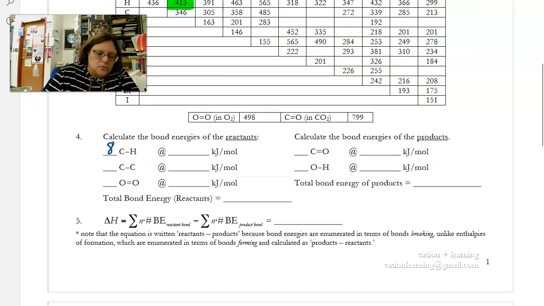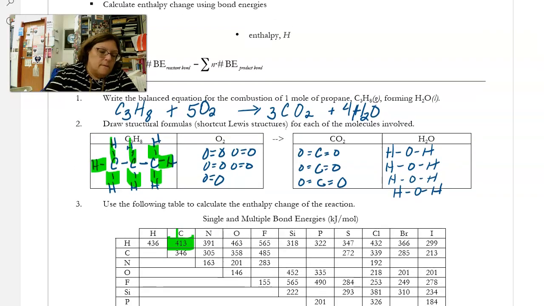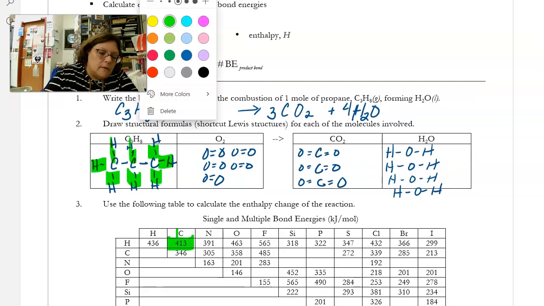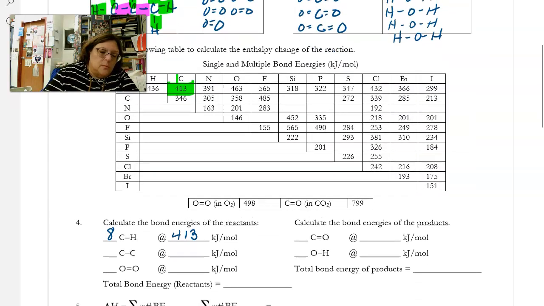Each carbon-hydrogen bond requires 413 kilojoules. Remember, that's an average. 413 kilojoules of energy per 1 mole to break. All right. Carbon-carbon. We have 1, 2 carbon-carbon bonds.